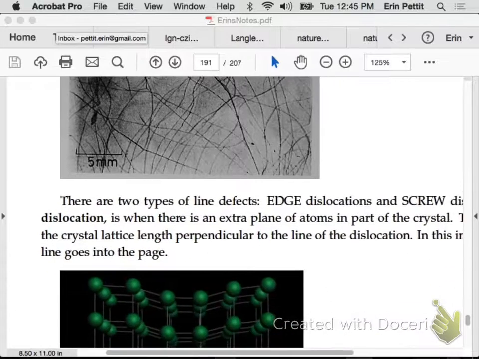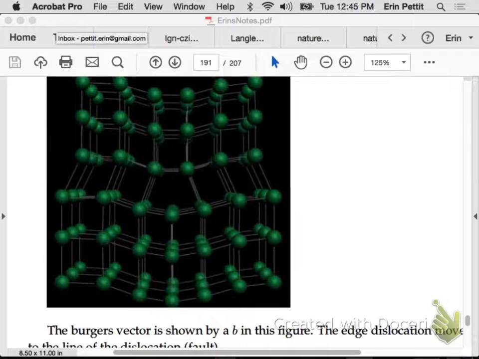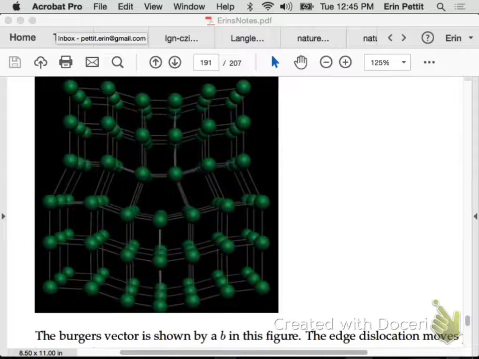So what these look like, there's two main types. This is what's called an edge dislocation. And basically we have a mismatch in terms of where things got lined up in creating this crystal, so that this plane of atoms does not have anything to add on to.